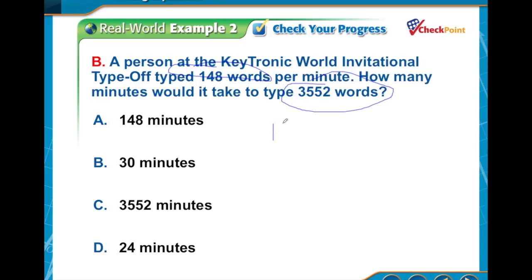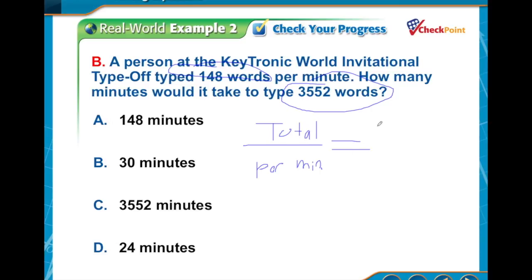So the total divided by the smaller amount per minute. So I'll just put per minute, per min. The total divided by the per minute value will give us the total number of minutes that it would take.